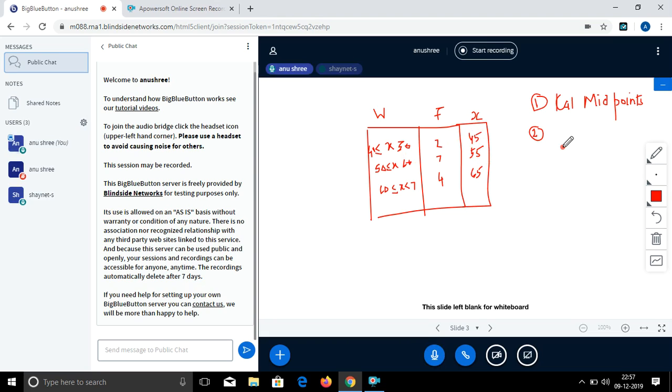After calculating midpoint, what we are supposed to do? See this one.